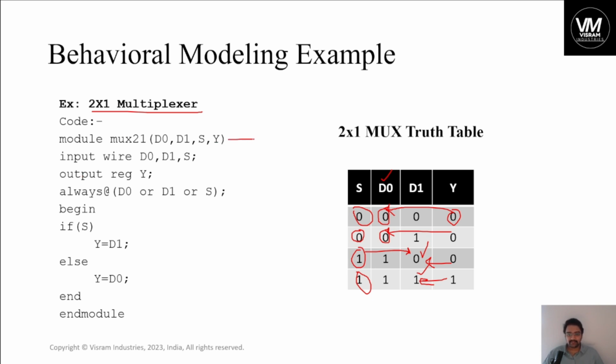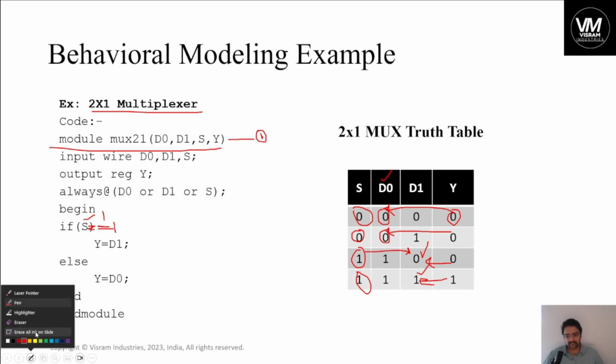How do we write? First part, mention the name. While I am explaining, you can also write without seeing this. By understanding that we have inputs and outputs, this should be the functionality. If s is equal to 0, then y is equal to d0. If s is equal to 1, we can write it in this way, or if we don't, the default value can be 1.